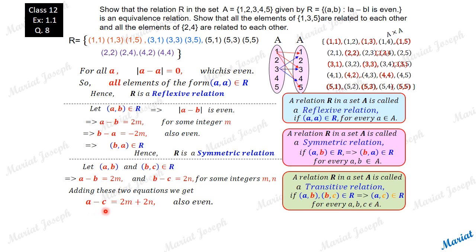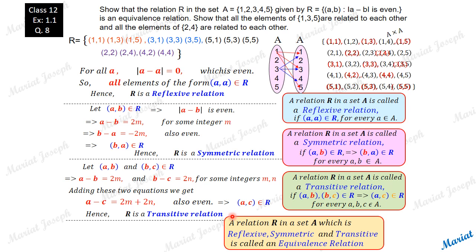So, modulus of a minus c will be even, which concludes that the pair (a, c) will belong to R. So, if there are pairs of this kind, we will be able to find the pair (a, c) also in the relation. That is logically proved by taking representative elements of this relation. So, this satisfies the definition of transitivity. This relation is transitive also.